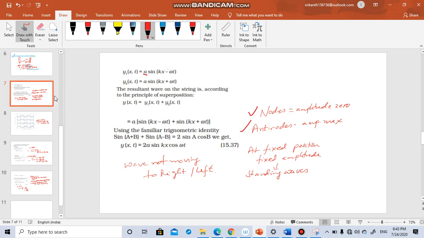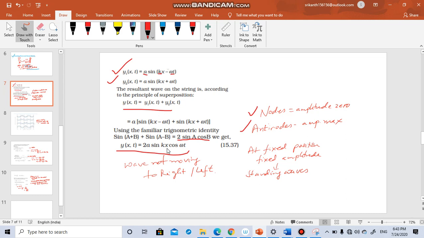As per the principle of superposition, we have to add both the displacements. So the y1 equation is given by this and the y2 equation is given by this. You are simply adding them. You know that it is sine of a plus b plus sine of a minus b. I am calling this a and this b. This is a trigonometric formula. You get 2 sine a cos b. So finally you get this expression.